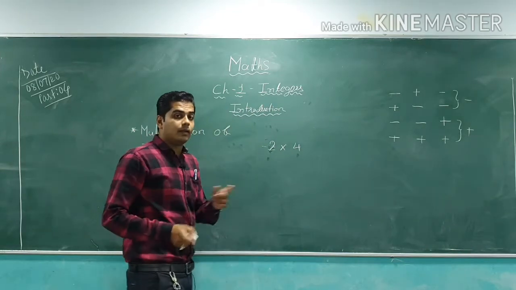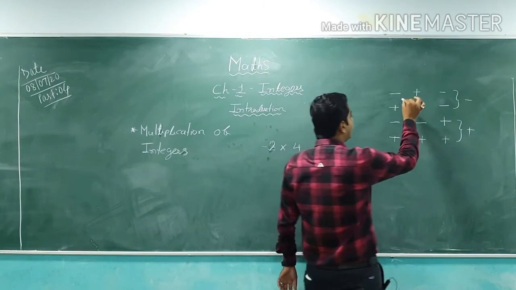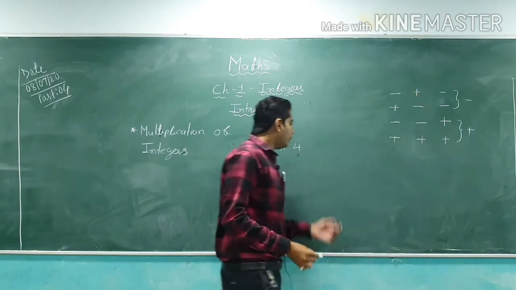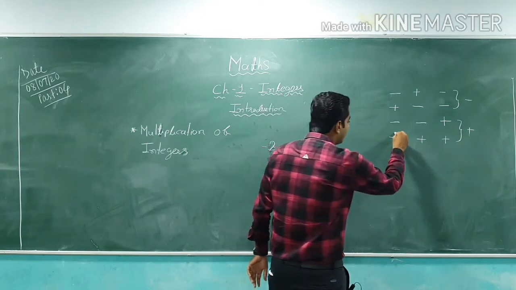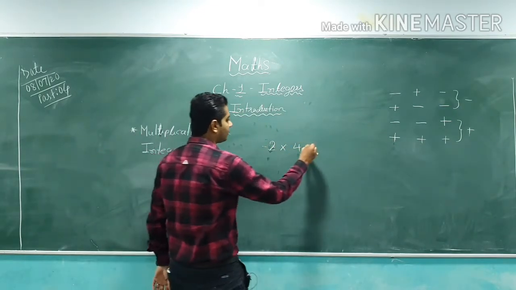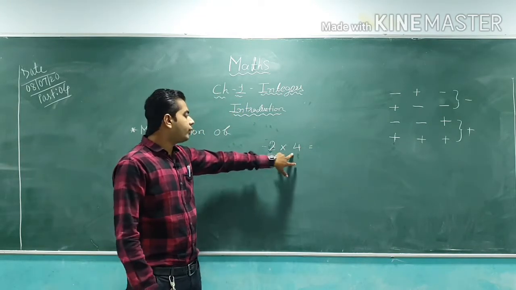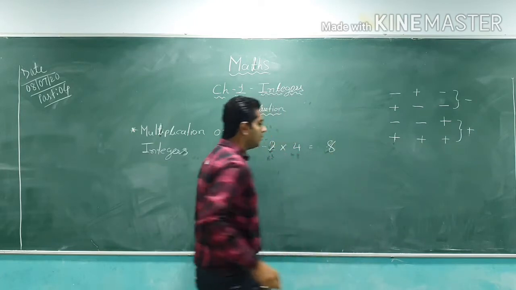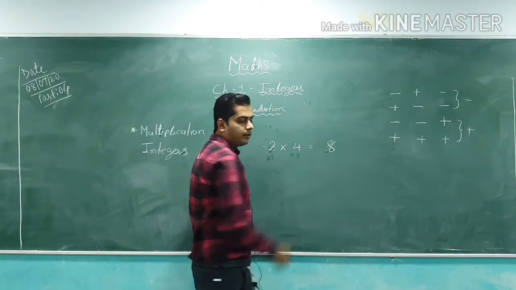But the difference is, in addition you apply this formula differently. In multiplication also you have to apply this with different terms. How can we apply this? Let's see. So as you know, 2 times 4, or 2 4s are 8. Now what sign should I put here?